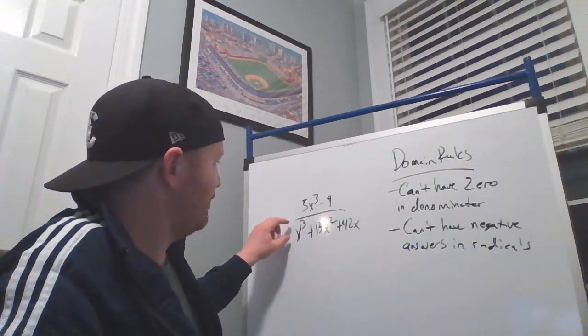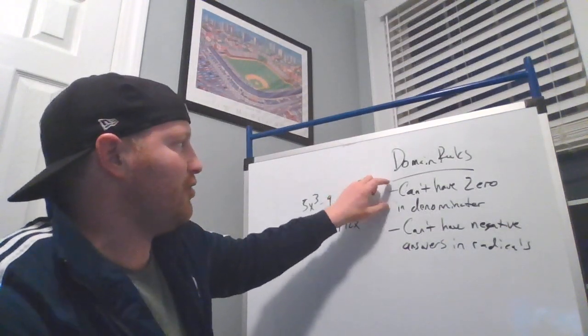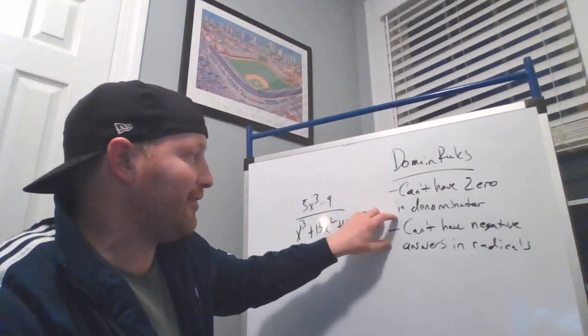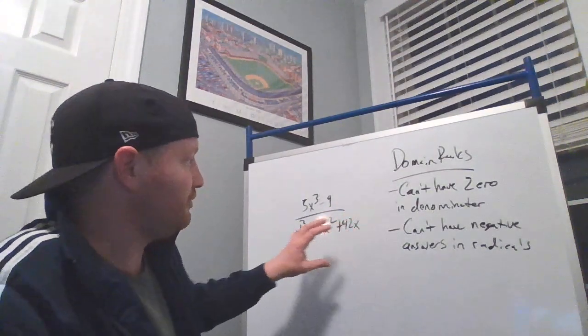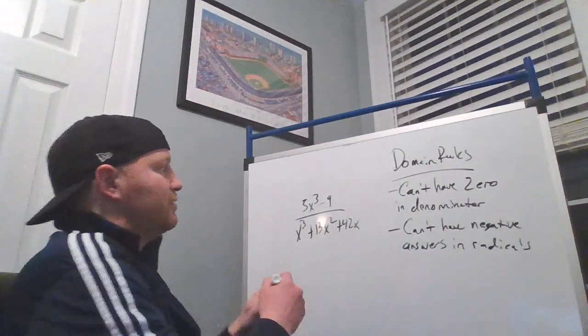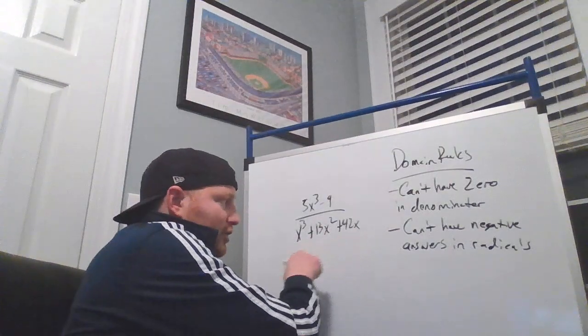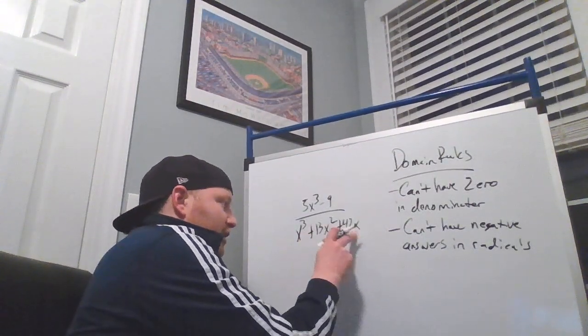So first of all, we have rules we must follow, such as you cannot have a 0 in the denominator, and you cannot have negative answers in the radicals, no matter what. So, looking at this, we are only following this rule. First things first, I'm going to factor this denominator down, and they each share an x.